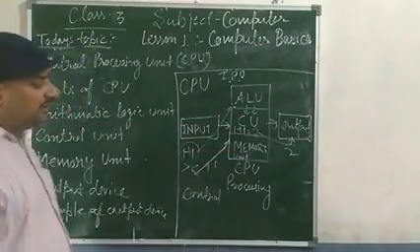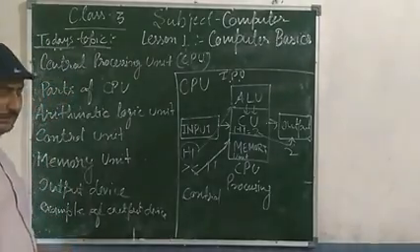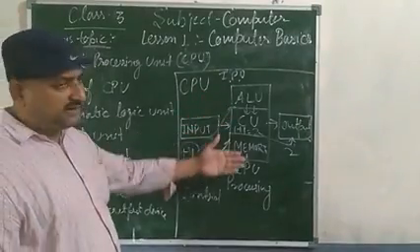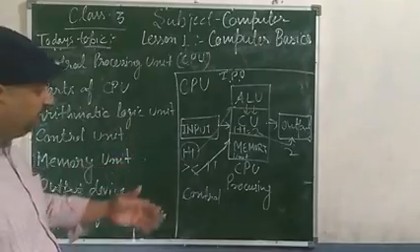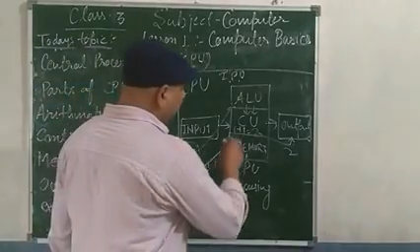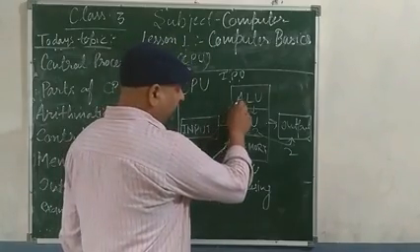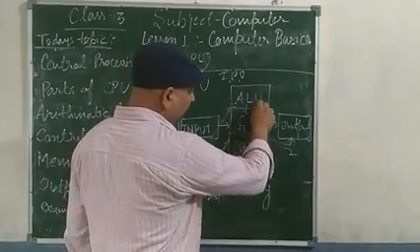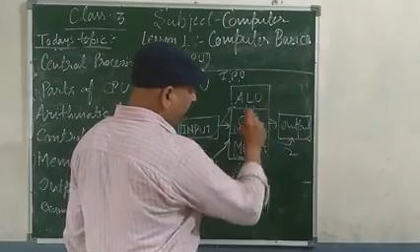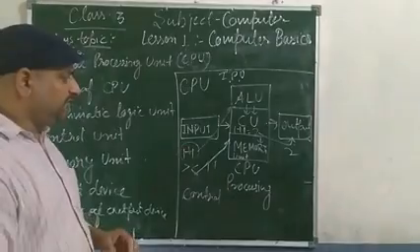It is also called the heart of the CPU. It controls the flow of data and instructions between the memory unit. Suppose the number goes for processing, all the arithmetical work is done, then the ALU sends data to store in memory. So the control unit controls the flow of data also.